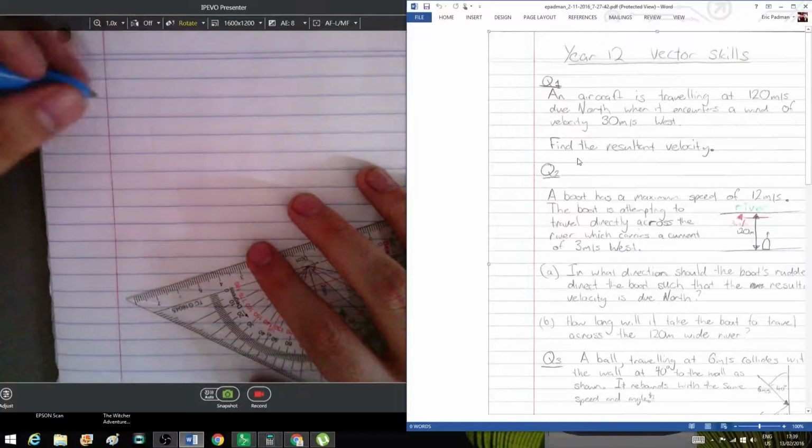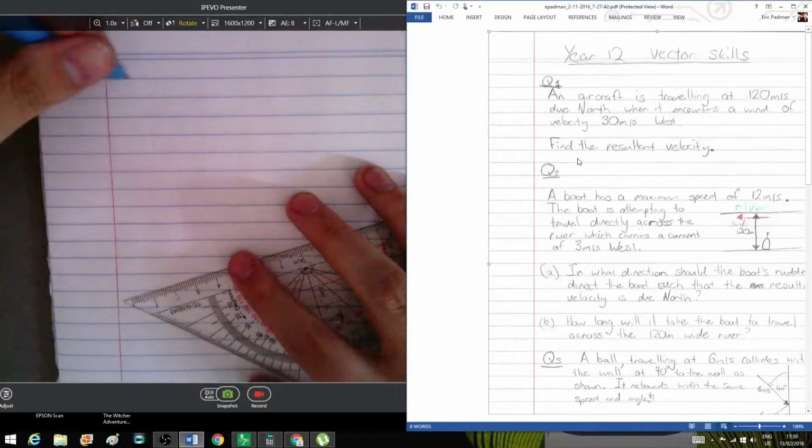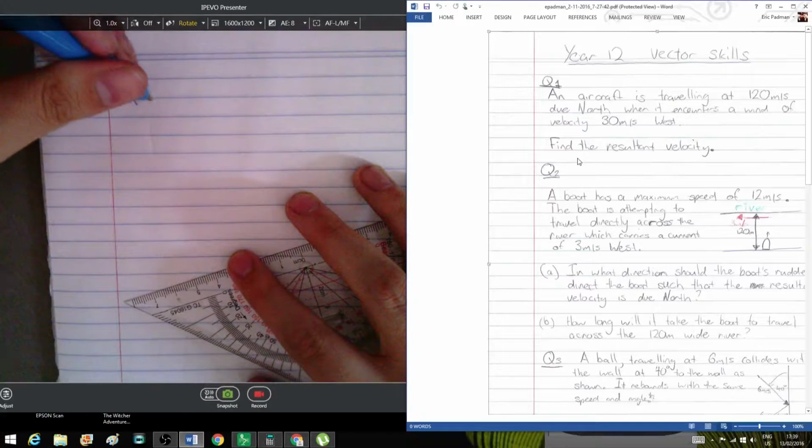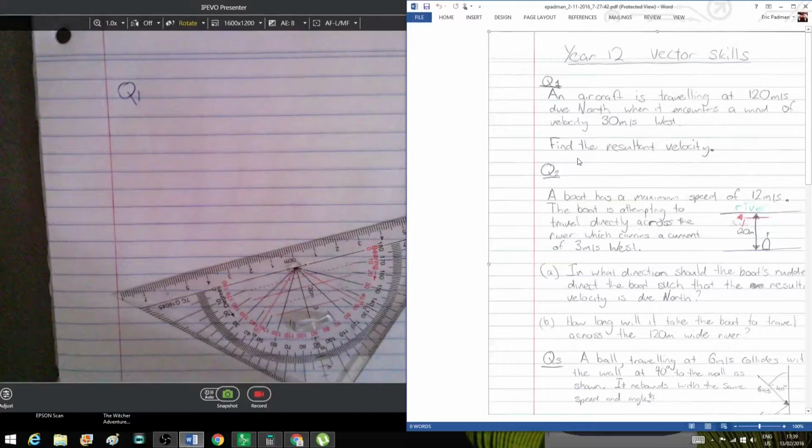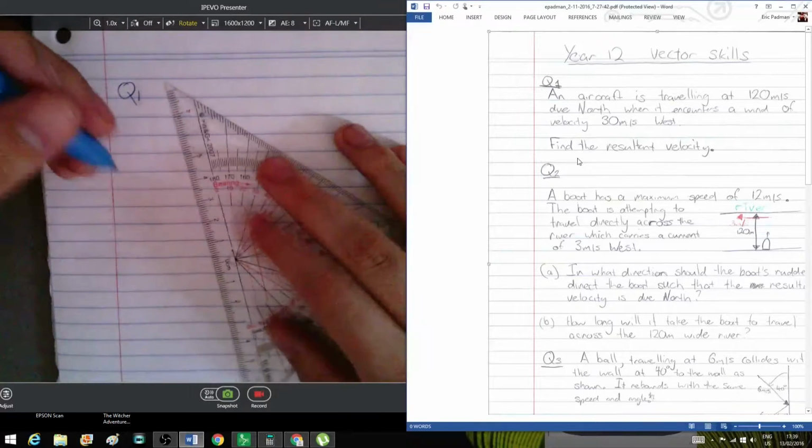Okay, so question 1. An aircraft is traveling at 120 meters per second due north when it encounters a wind of velocity 30 meters per second west. So let's draw out those two vectors first.